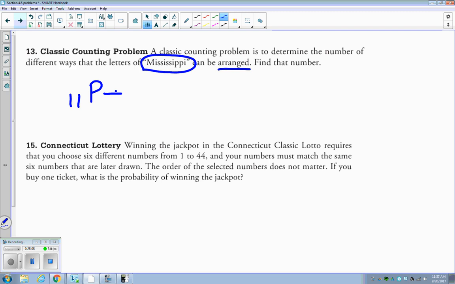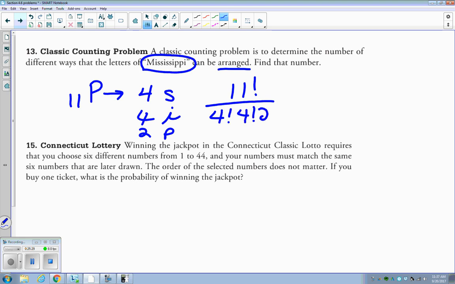Okay, so I've got to stop and say, hey, wait a minute. I have 4 S's, 4 I's, and 2 P's. So now I have to treat that special. I have to say 11 factorial divided by 4 factorial, 4 factorial, and 2 factorial. You got an answer on that one?